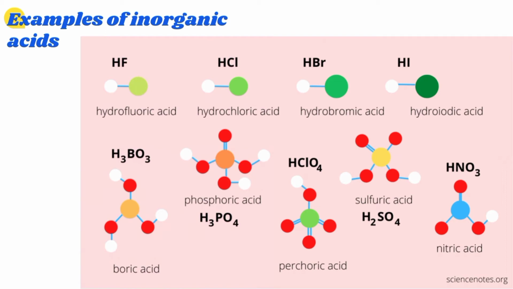So next we'll be talking about the strength of an acid. Like I said before, the strength of an acid is dependent on the amount of hydrogen ion in an acid solution. So when an acid is dissolved in water, the amount of hydrogen ion will define the strength of the acid.